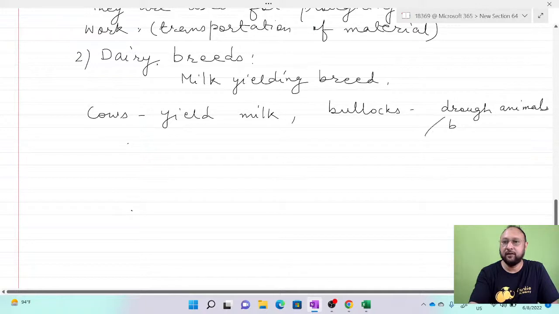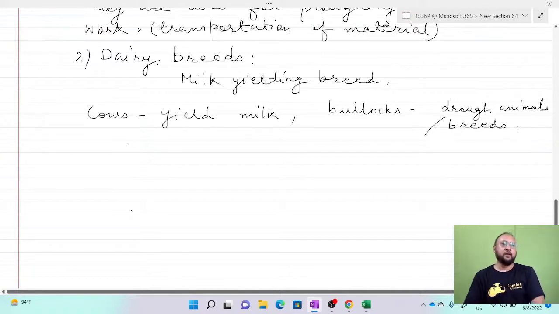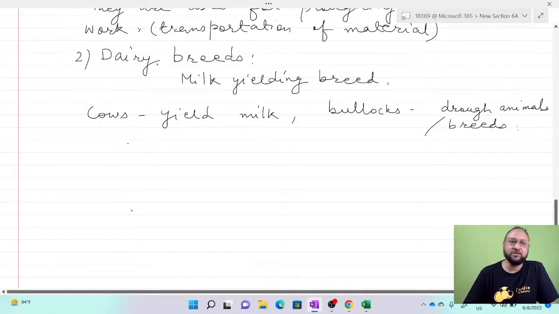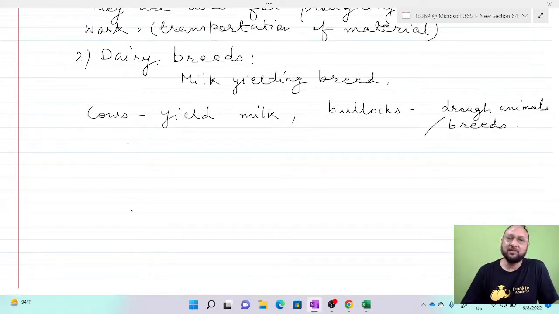Generally, our farmers domesticate mainly draught and dual purpose breeds for milk and agricultural work. The dual purpose breeds serve both purposes. While draught breeds are mainly employed in agricultural work, the dairy breeds are generally reared by dairy owners.